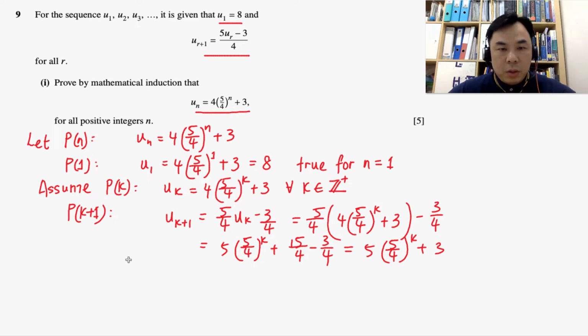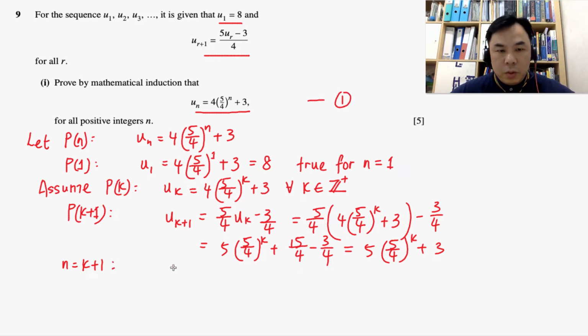So I'm going to represent that when n is equal to k plus 1. Let's try that using this. We're going to substitute n equal to k plus 1 into this particular equation. Let's call this equation 1.